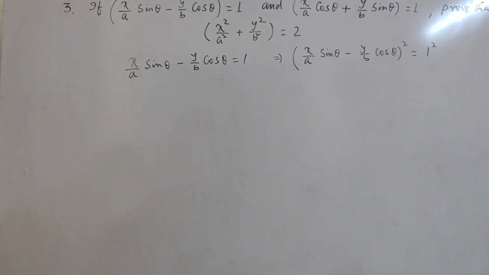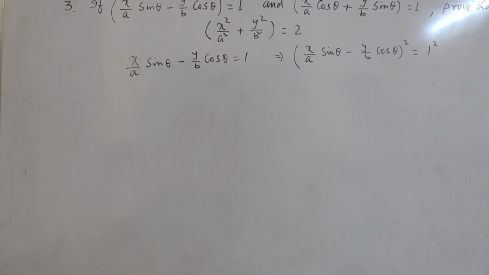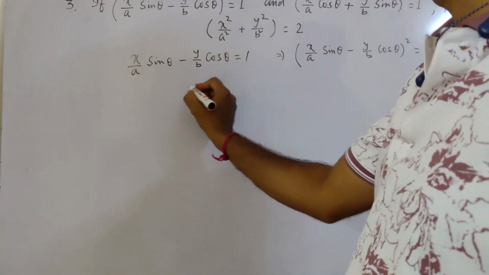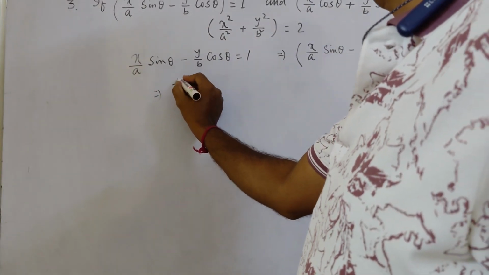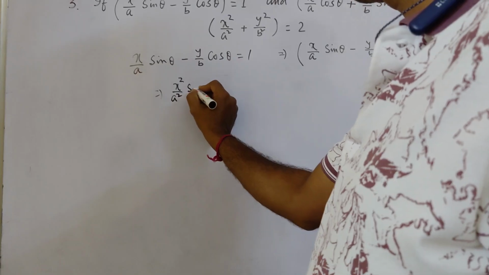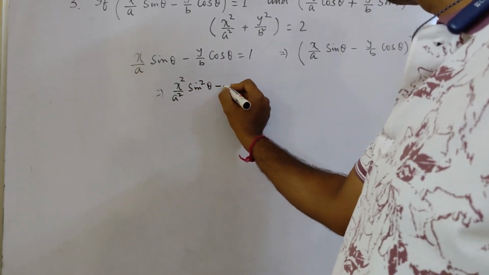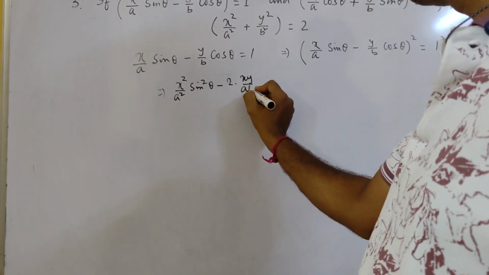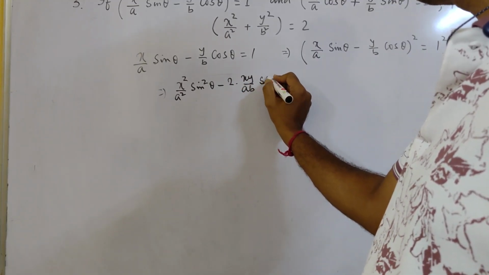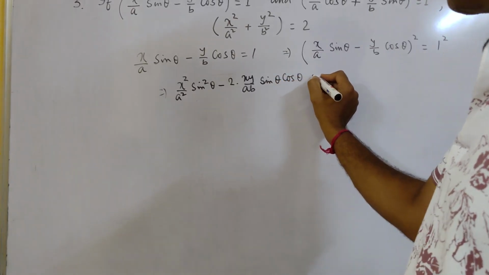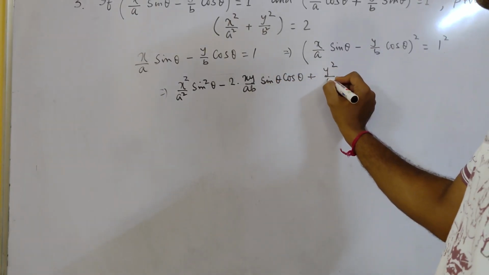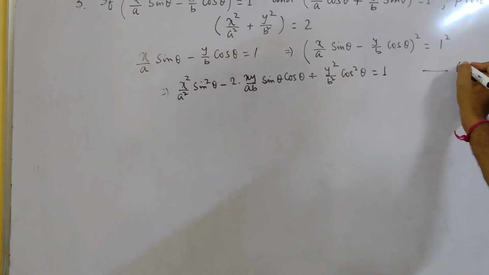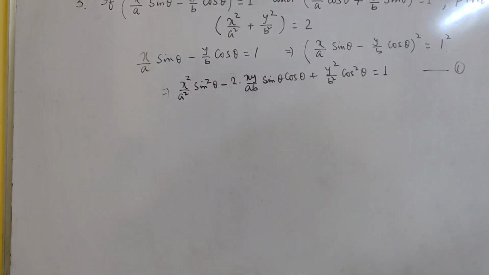Now if we expand this whole square, we may write x square by a square sin square theta minus 2 into xy by ab sin theta cos theta plus y square by b square cos square theta is equal to 1. This is equation number 1.